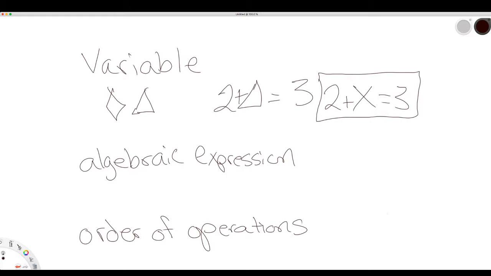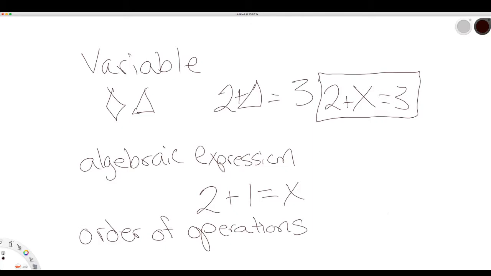Okay, what's an algebraic expression? Well, an algebraic expression is an expression like 2 plus 1, but it's an expression that contains at least one variable. So an algebraic expression is an expression like 2 + 1 = x. And so this is an algebraic expression here. It's an expression that contains at least one variable.